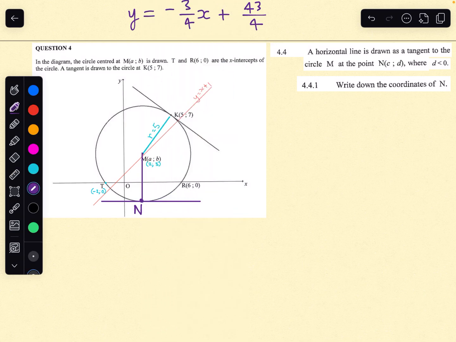So we know that, okay, this is a 90. And because we know that this is a horizontal line, then that means this is a vertical line, right?